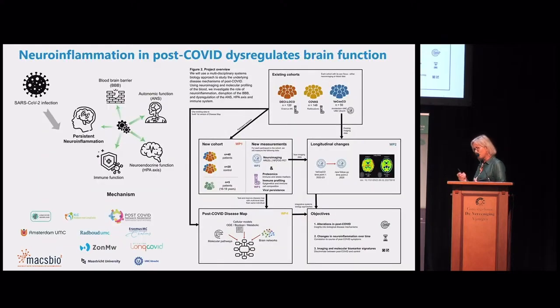Only this year we got a grant from ZonMw to do the same for post-COVID. So on top of these COVID databases, we are now adding knowledge on post-COVID, in particular focusing on neuroinflammation. And we also intend to integrate a lot of different data modalities in there, including brain imaging.